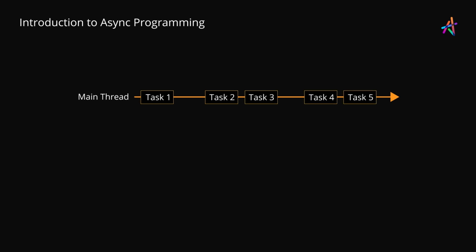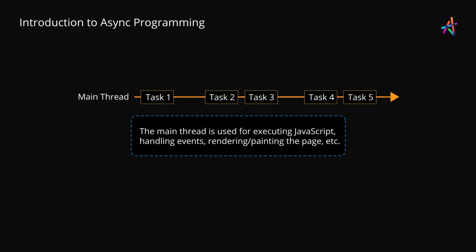JavaScript, on the other hand, is inherently a single-threaded language, which means it runs in the browser on a single main thread, along with other things like rendering or painting the page, which is how you see visual updates, handling user events like mouse clicks, keyboard, etc., and of course, your JavaScript code.